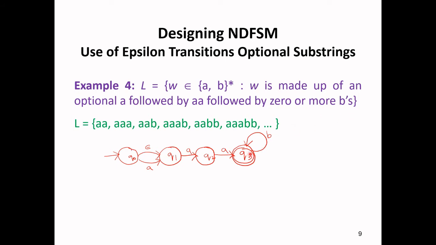How do you represent 0 or more B's? Self loop for that particular state reaching the final state. So this is the NDFSM wherein we have used epsilon transition for the optional A.